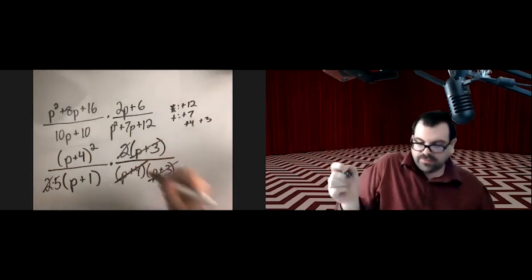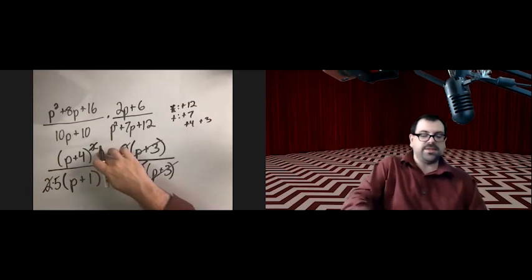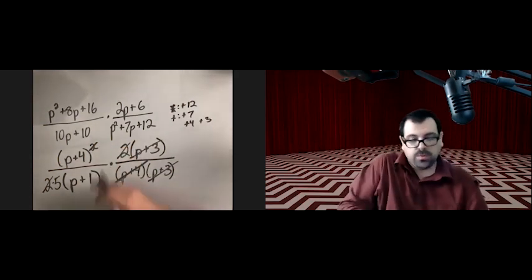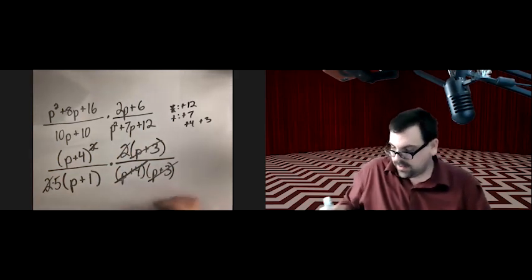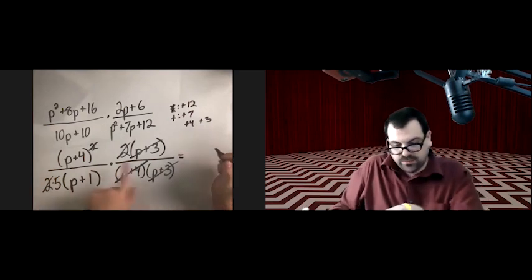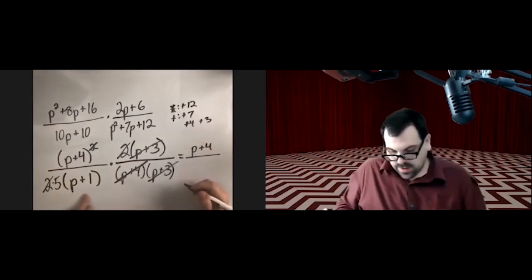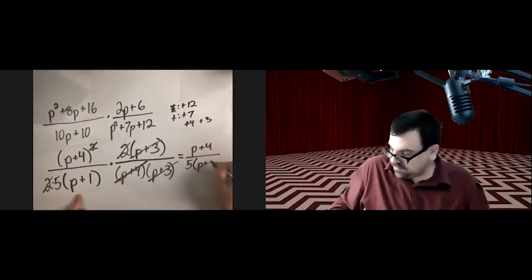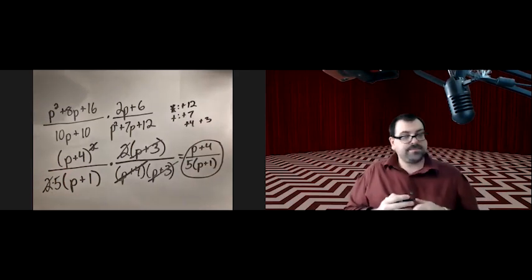And one of the factors of p plus 4. So instead of p plus 4 squared, p plus 4 times p plus 4, we're just left with the single p plus 4. What does that leave us with? On the top, just p plus 4. On the bottom, 5 times p plus 1. That's it.